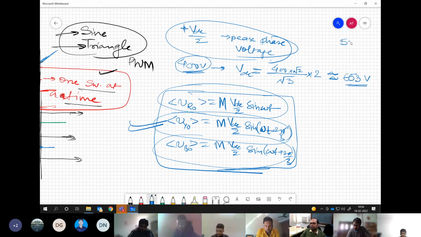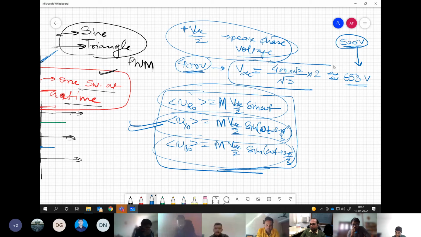Earlier we had got the number 520 volts when we were running with low switching frequency. Now you see a sudden jump in DC bus voltage by 130, 140 volts. So these are some of the design considerations we should have when we are operating our motor from a converter. We need to see which PWM is operating.